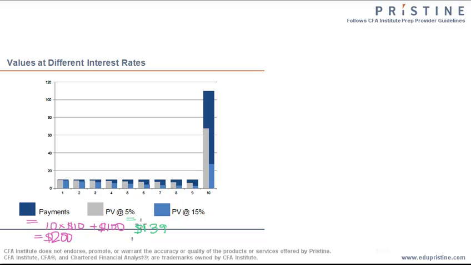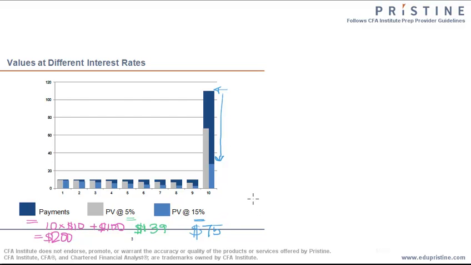$139. As you can see, when you discount the same dark blue cash flows at a higher interest rate, such as 15%, its present value falls to an even larger extent, as you can see in light blue. The sum of all these light blue cash flows works out to be $75.